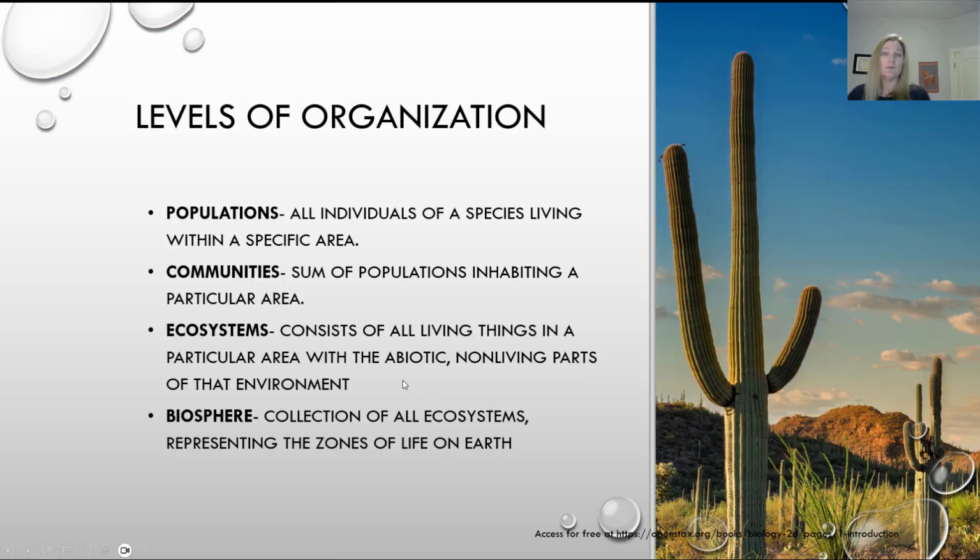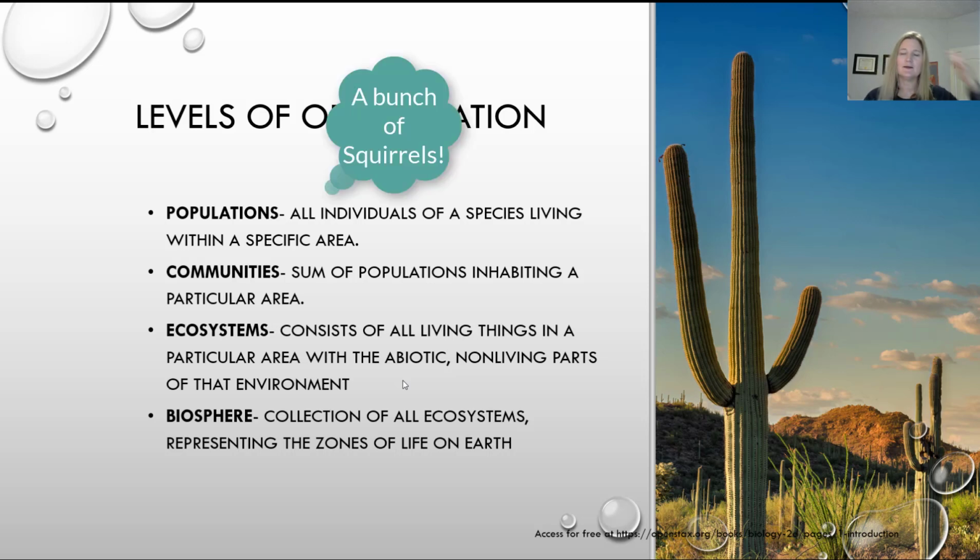Okay. Now, we can even go further past the organism level. We can go higher up. We can look at the population level of organization, or the population level of life's hierarchy. That means that we're looking at all individuals living in a specific area at a specific time. The eastern gray squirrel, I always go back to that example.